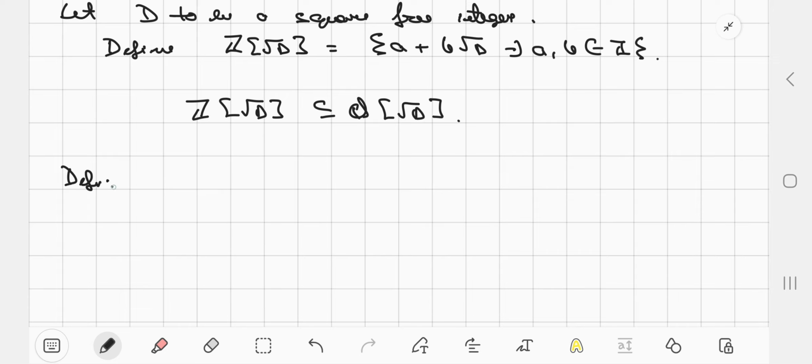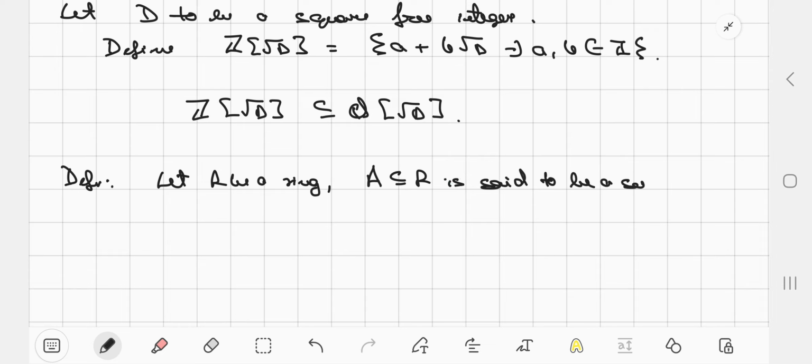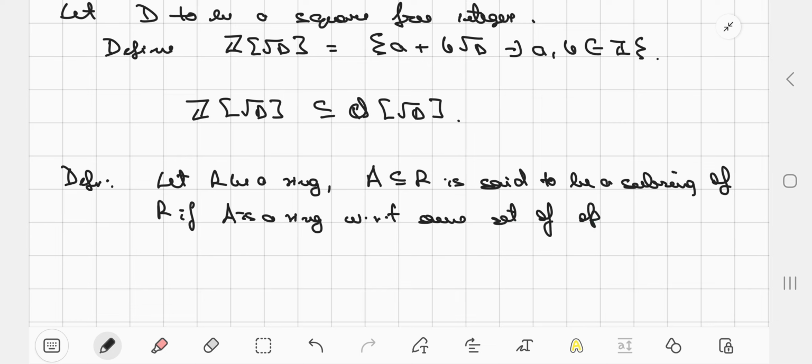First let us talk about a simple definition. Let R be a ring, then A contained in R is said to be a subring of R if A is a ring with respect to the same set of operations as R. We often denote it as A less than R. Subrings resemble subgroups, so it's a substructure of a ring.